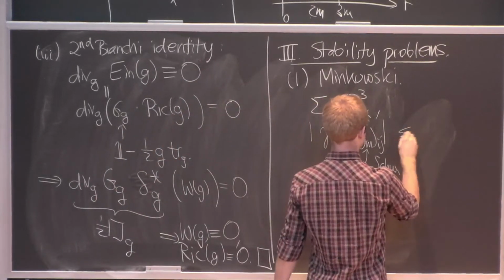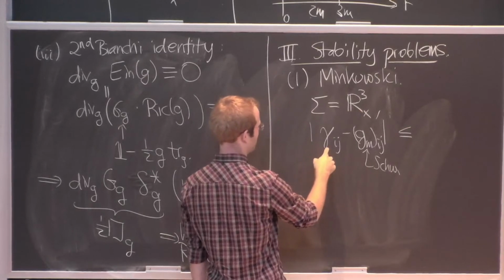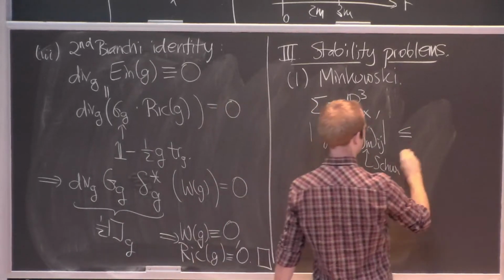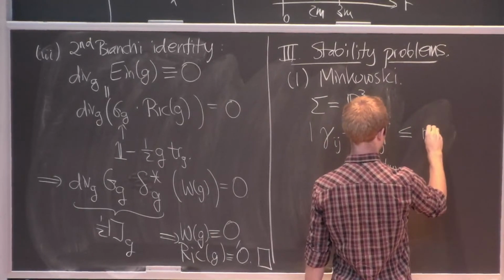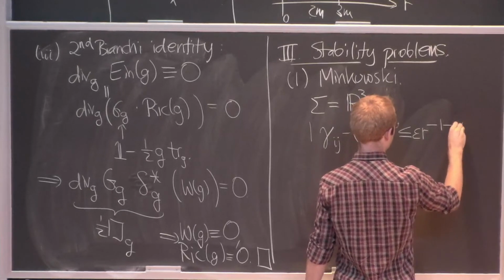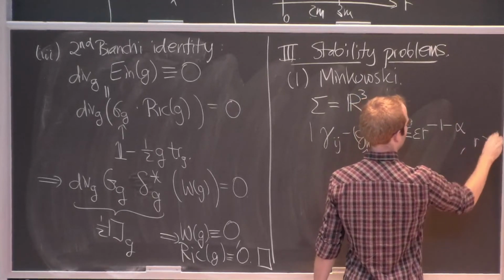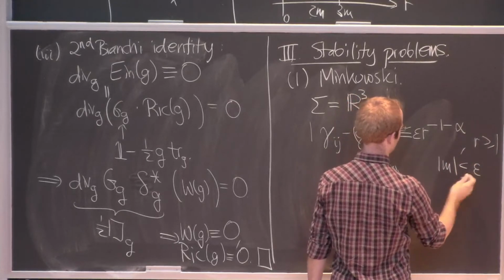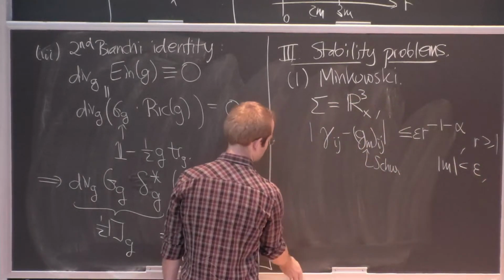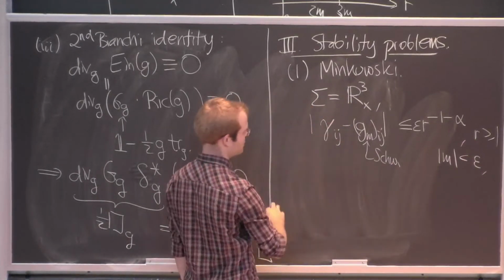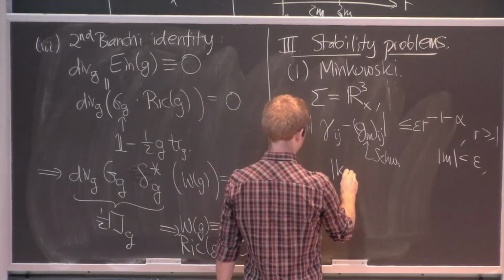Okay, so you would like that the Riemannian metric on R3 minus the Schwarzschild metric is less than some small constant times r to the -1 minus some positive number alpha when r is big. And you also want this mass to be very small. Close to the origin, you just want it to be close to the Euclidean metric. I can write that down.